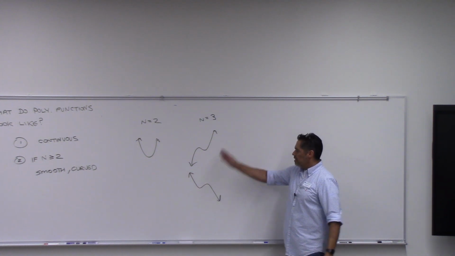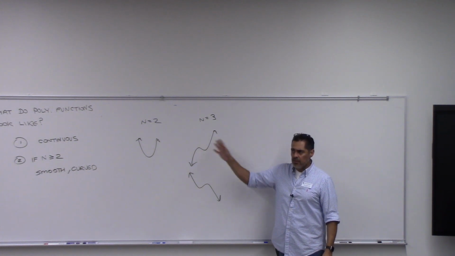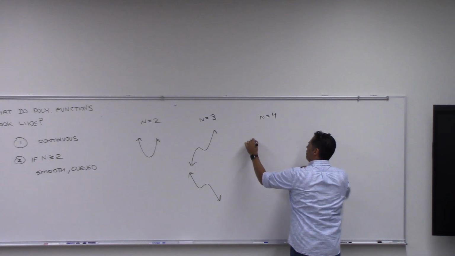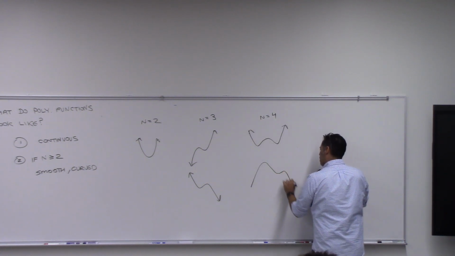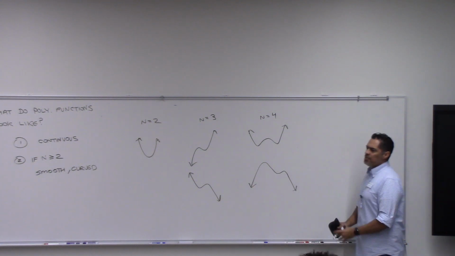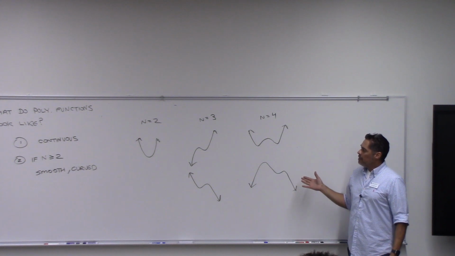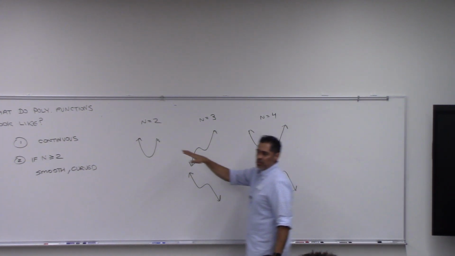But do you see with these graphs, these are smooth and curved? Draw it without picking up my pencil. If n is 4, it's probably going to look something like this, or it might do something like that. You're just taking my word for it that these are smooth and curved, all right? So they look almost like roller coasters. That's what polynomial functions look like.